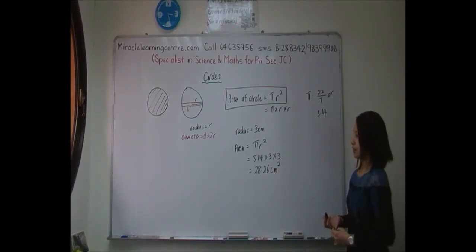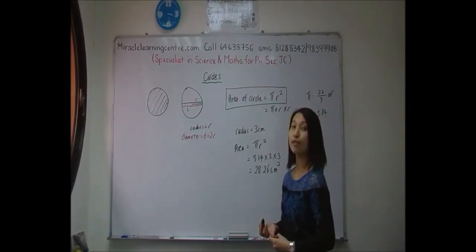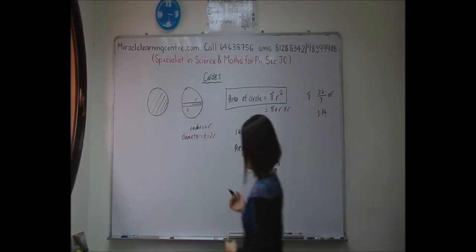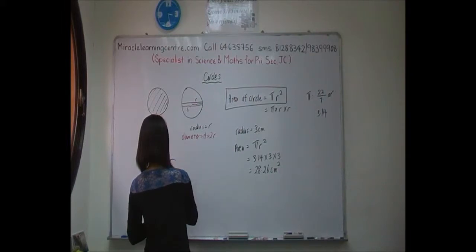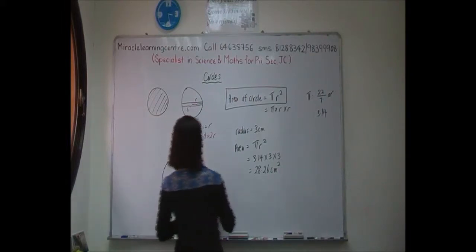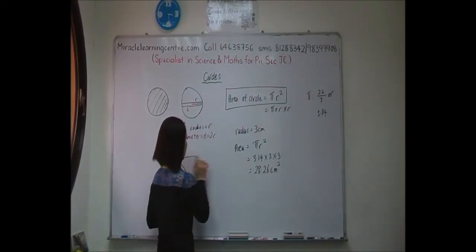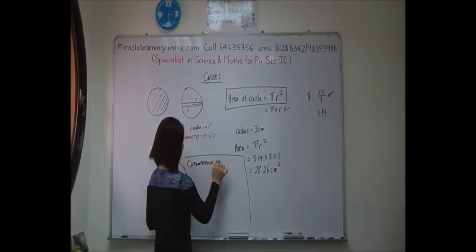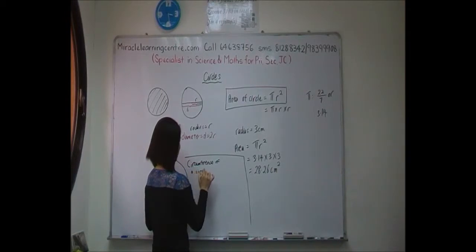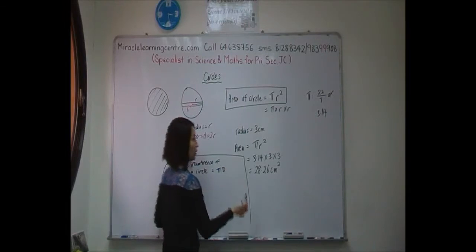Okay. So for example, if you want to find the circumference of a circle, the formula is given by pi d.